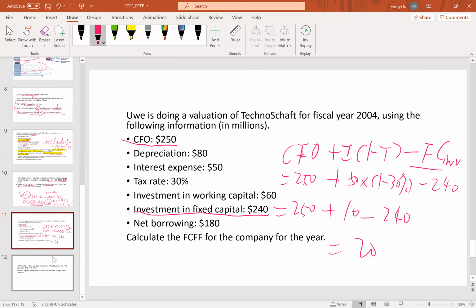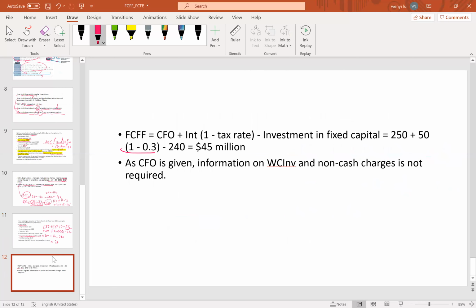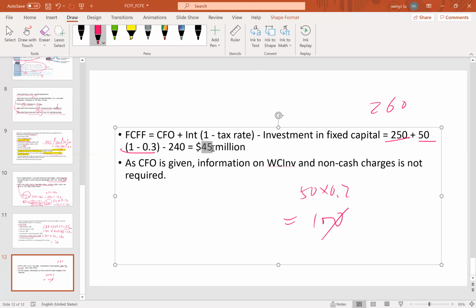But let me check the calculation, did I make any mistake? 250, 50 times 0.2 will be 10. So 260, minus 240, should be 10, right? So here's a mistake.